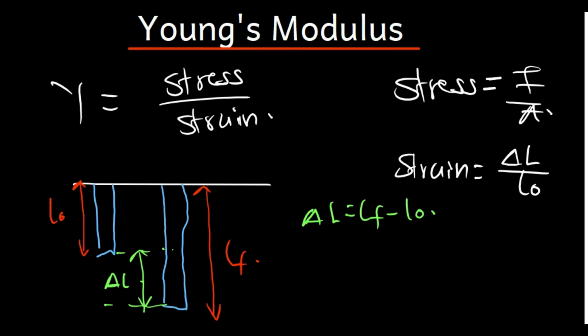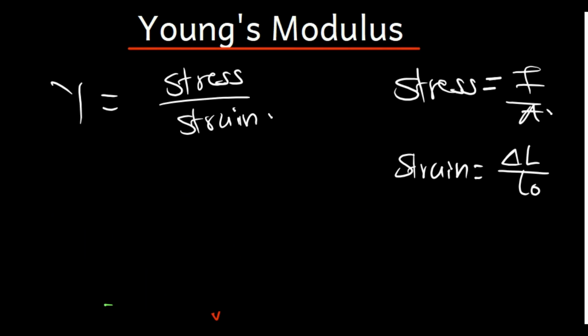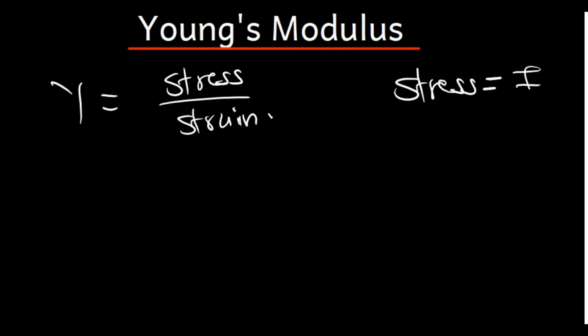Now, we are talking about Young's modulus, remember? So let's talk more about this Young's modulus. It gives us the property of a material, in terms of when you stretch the material or you compress the material.